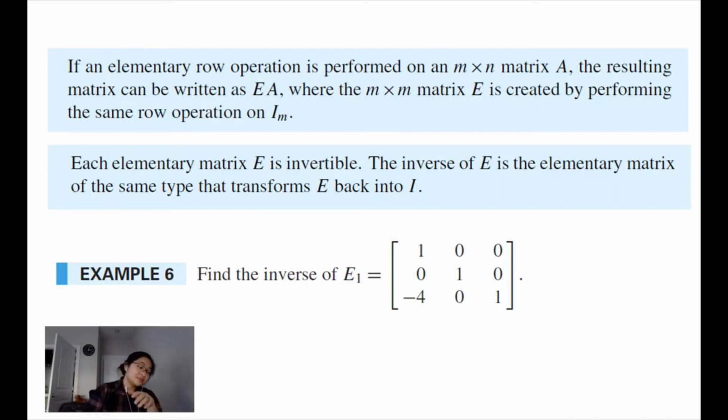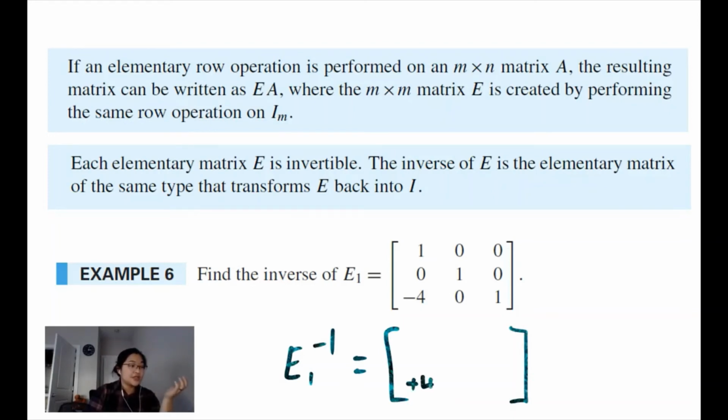So here, what would take this elementary matrix back to our identity matrix, so E sub 1 inverse, is we just need to add 4 here, and then everything else we're going to keep the same. So we got zeros there.